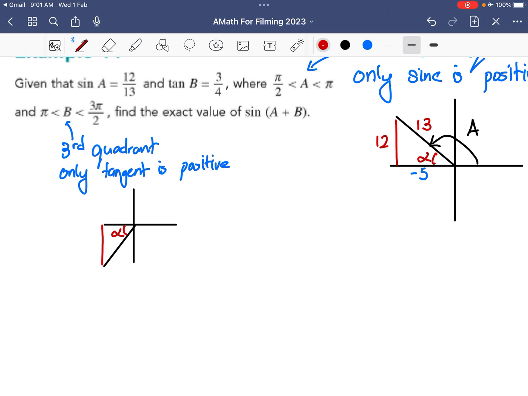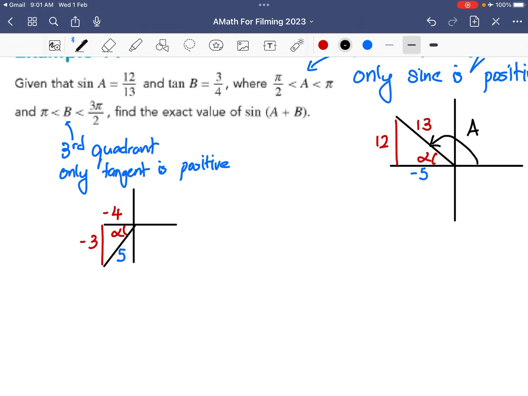Tangent is opposite over adjacent. Opposite is 3, adjacent is 4. If I apply Pythagoras' theorem, 3 squared plus 4 squared, square root, the length here is 5. To make it more accurate, this is negative 4, and this is negative 3, so that you won't get confused later when you need to find the values of sine, cosine and so on.